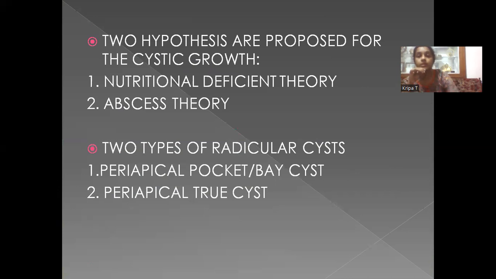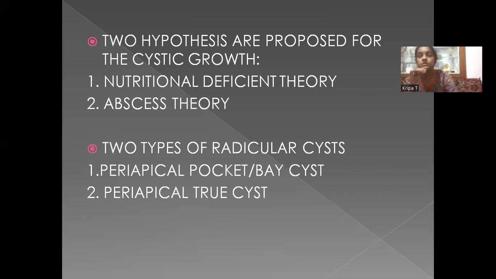So you have two hypotheses being proposed for a cyst to develop. You have a nutritional deficiency theory and an abscess theory. Nutritional deficiency theory means that as the cells inside go on proliferating, the vascular supply to these cells will go on reducing, because all the blood supply comes from the periphery.